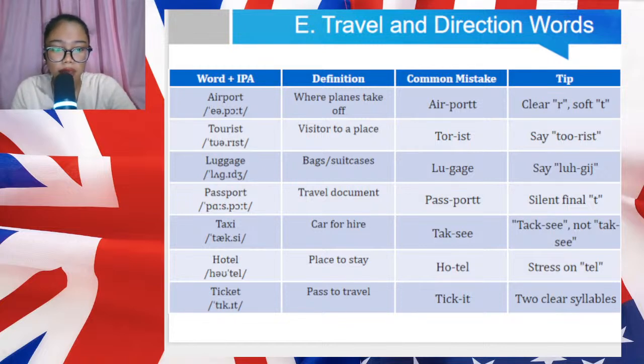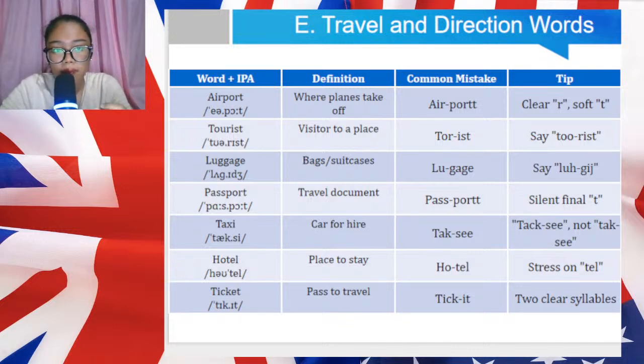Now, think of it as a gentle, physical tip. You can think of it as a gentle stop of the airflow rather than a sharp, explosive T sound that you might find at the beginning of a word. Since the letter T here is placed at the end of the word, it should not be explosive.